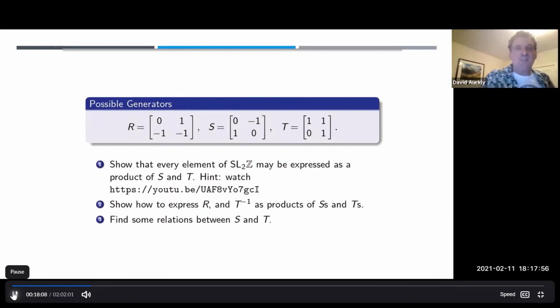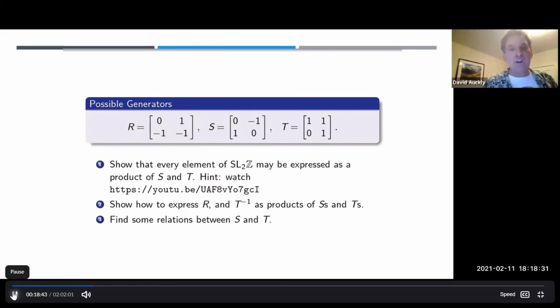Something related, there's a hint, which is also posted on the warm-up page. And then a challenge is to show how you could express R and T inverse just as products of S's and T's, and find some loops, some relations between S's and T's. I think I've got maybe 6 questions for you to think about, and it's probably ready for an intermission.